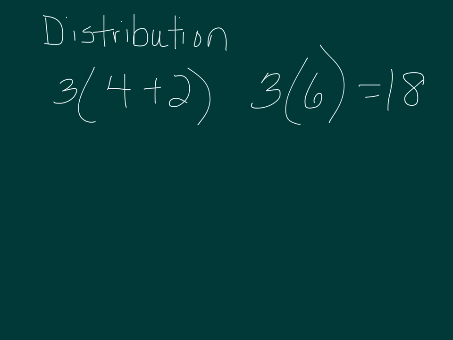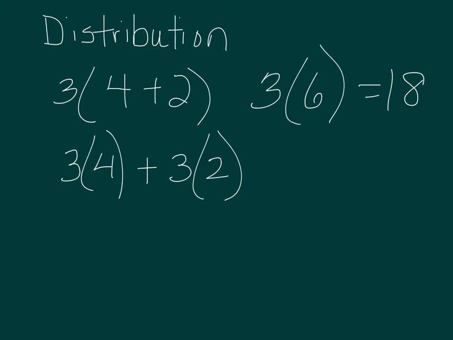So really we're doing the same thing as saying 3 times 4 plus 3 times 2. Well, what's 3 times 4? 12. What's 3 times 2? 6. And what does that give us? 18. Well, look at that. That's what we did when we added first.